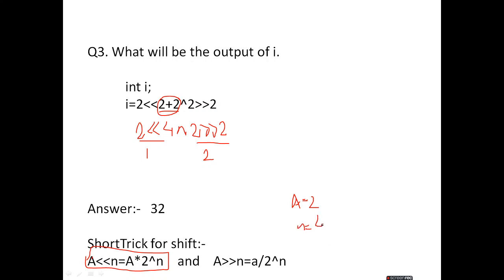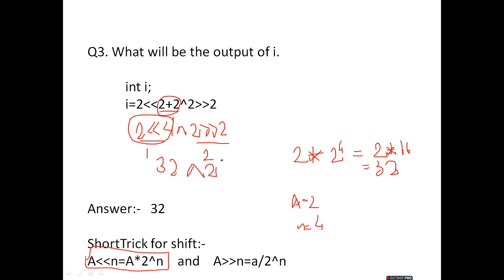We need to perform the left shift operation, so the formula is A into 2 to the power of N. So 2 into 2 to the power of 4 is equal to 2 into 16, which is 32. Now this whole will be replaced with 32. So 32 XOR of 2 right shift of 2.